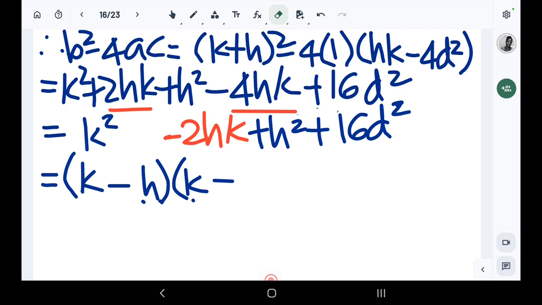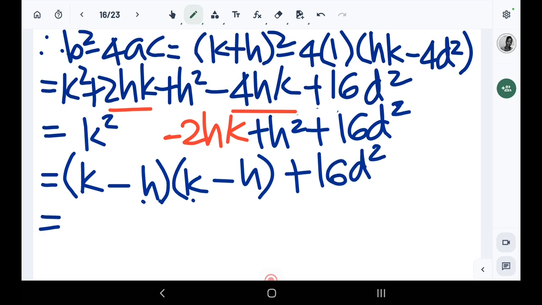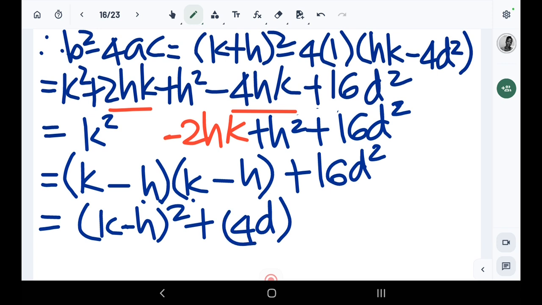That is therefore plus 16D squared. This is a square of a binomial, can be written as K minus H all squared, and you will see why that is important, plus 16D squared can be written as 4D all squared.